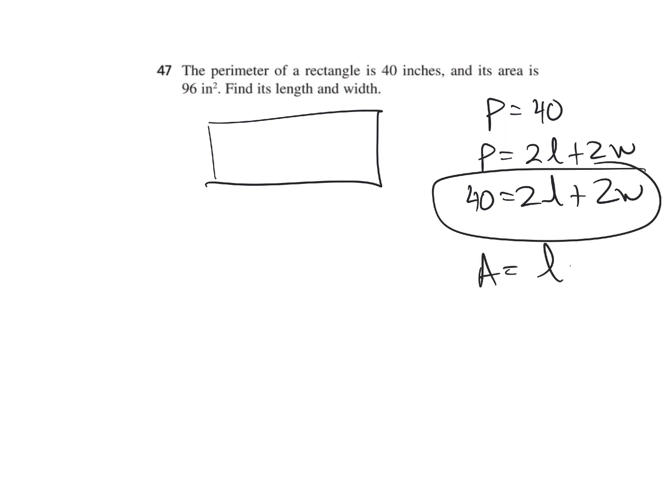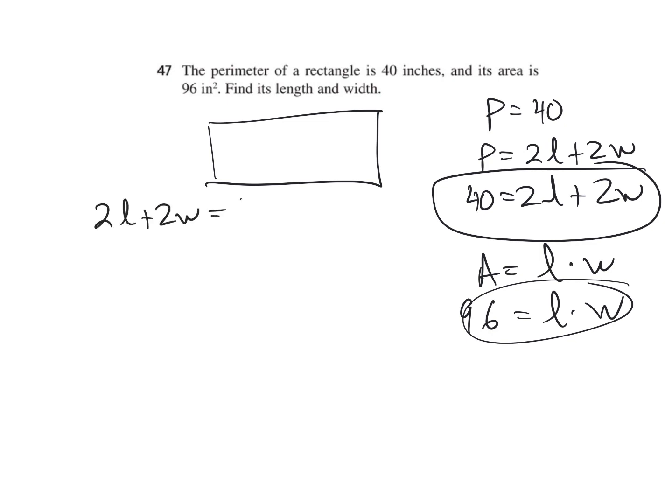Area equals length times width. And the area is 96 square inches. All right. So there's your second equation. So let's write it out here. 2L plus 2W equals 40. And L times W equals 96.